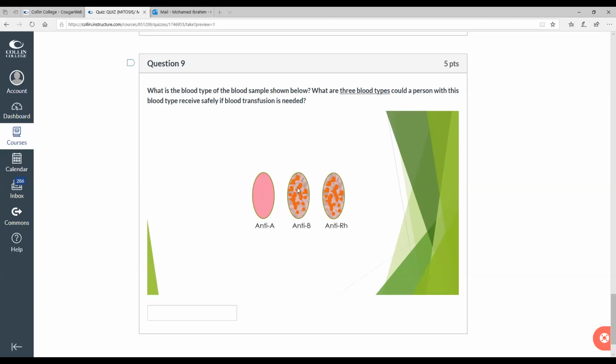When a cell has antigen B, that is blood type B. Now here, it will tell me if this blood type has an RH factor or not. A reaction happened here, so it means that it is plus. So this blood type is going to be B plus. It is not going to be A because there is no reaction. If it gave me no reaction when I added anti-RH, it would be B negative or B minus.